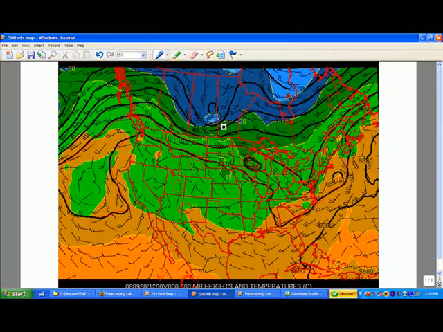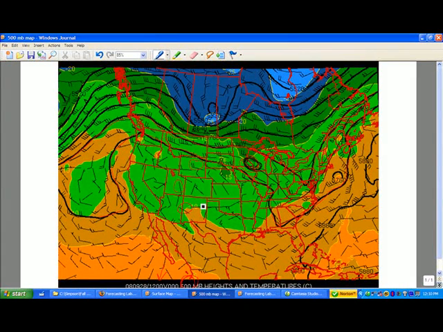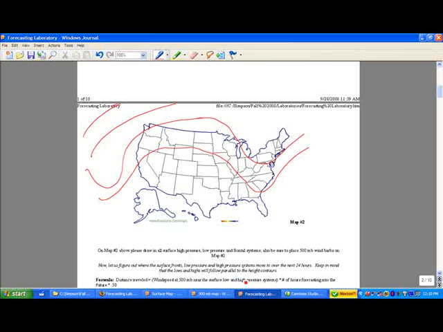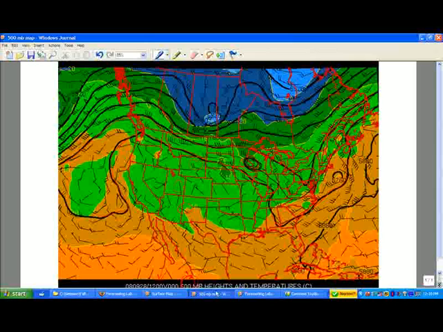I'll draw this one. And it's like we've got a little dip here just north of North Dakota. Try to draw that little dip in here. I have to go back and erase this line because this isn't quite right. Draw that back in.